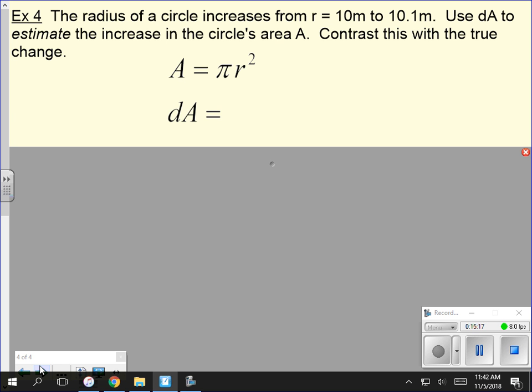So dA, the derivative of the area, is equal to the derivative of pi r squared in relationship to r. So this would be 2 pi r dr. That's the first part.